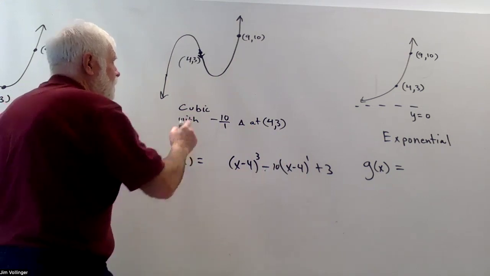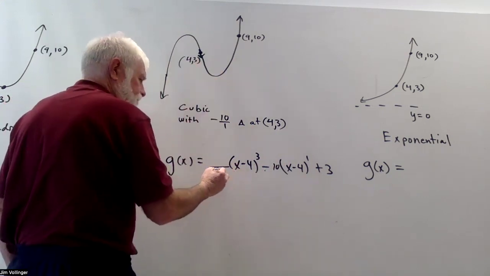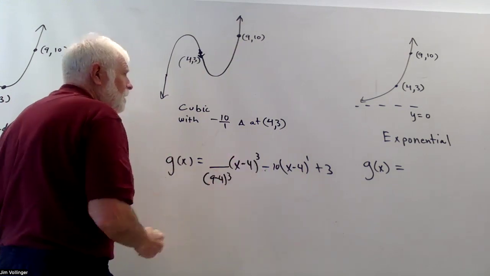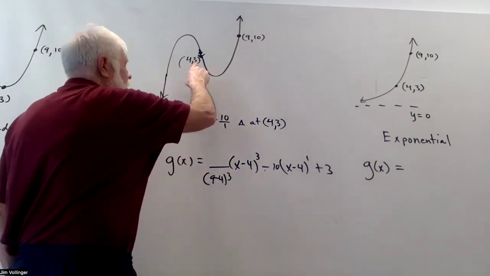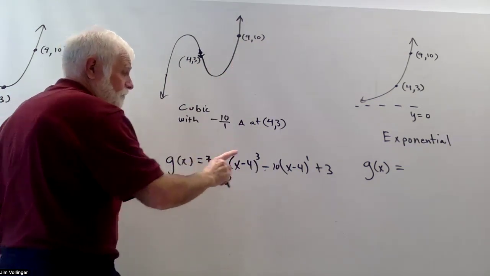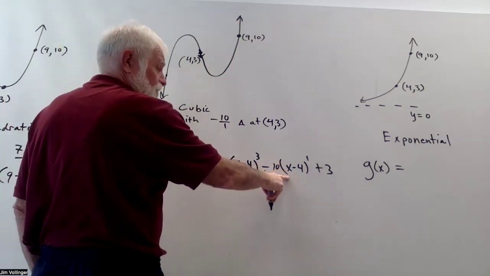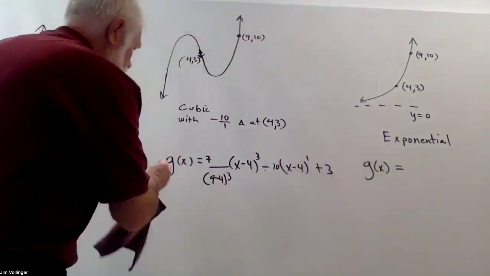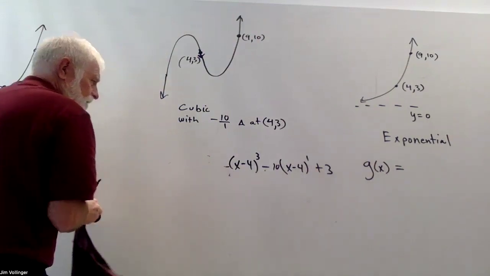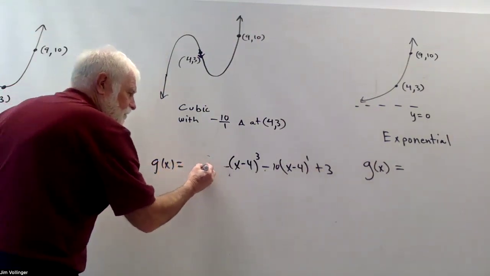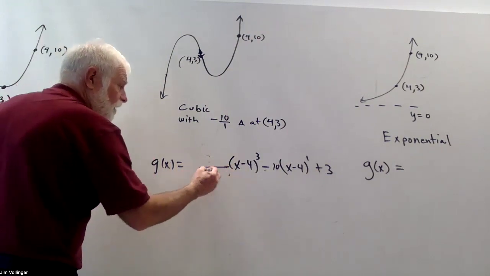And now I've got to get 9 minus 4 cubed out of the picture. And I've got to get to 10. The only way I can get from 3 to 10 is to go up 7. However, there's another change here, and I'm going to have to make this g of x over here, start that again, so that I have some room to write what I need to write.